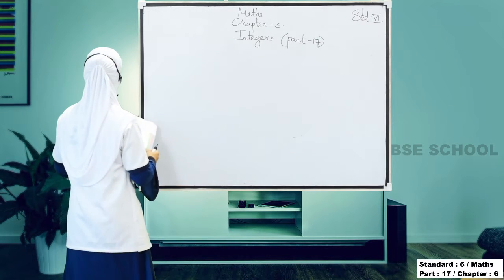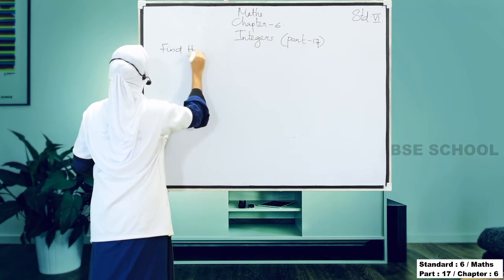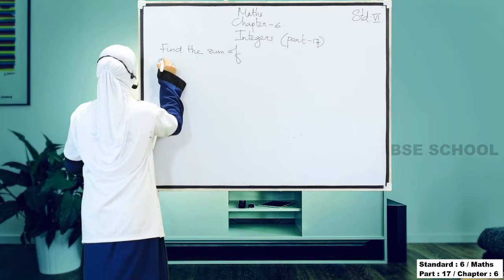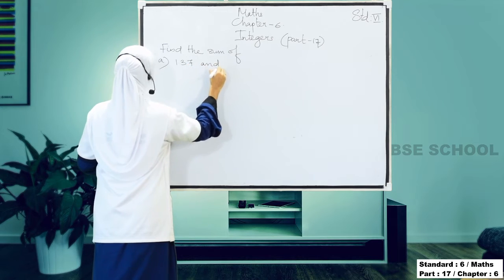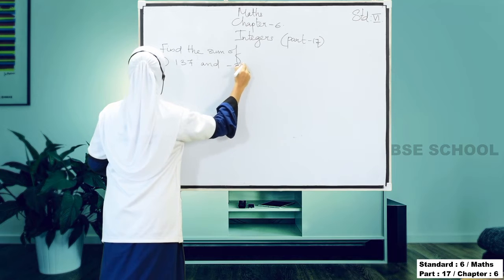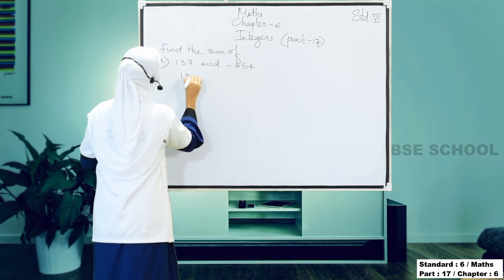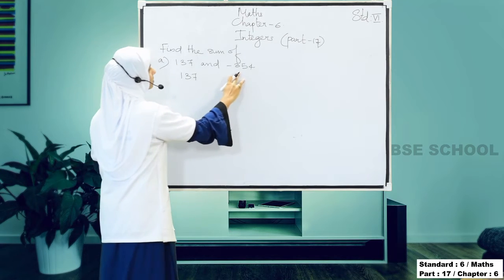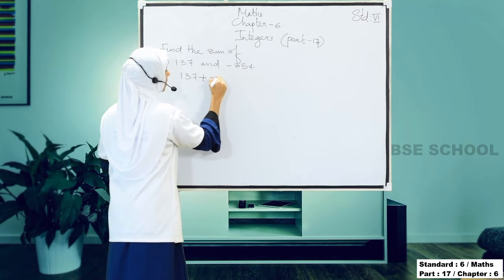So find the sum of 137 and minus 354. So 137 plus minus 354.